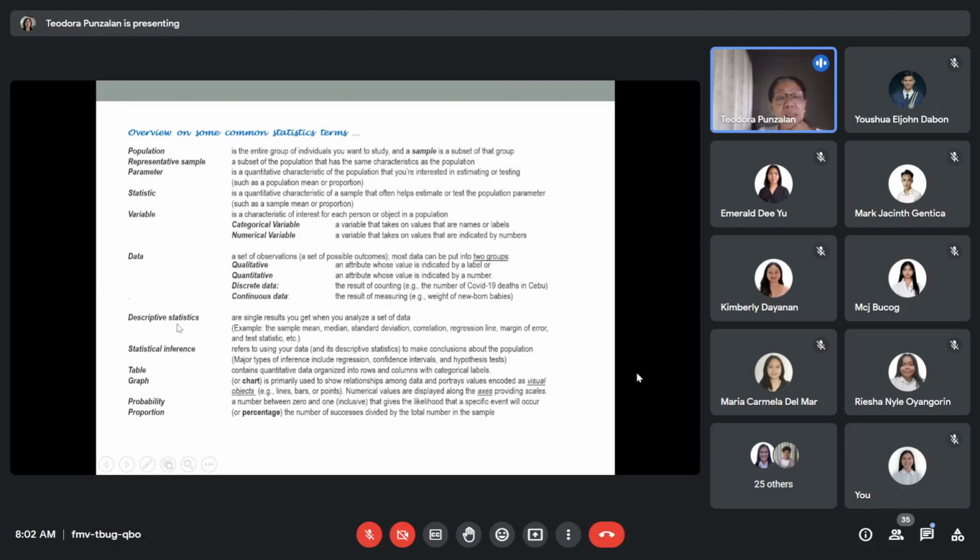Now, let's go to descriptive statistics and statistical inference. Now, some IAPs in this class will be revealing descriptive statistics. When I say descriptive statistics, you show the mean, median, mode, maybe standard deviation, variance, skewness, kurtosis, and many others to describe the data.